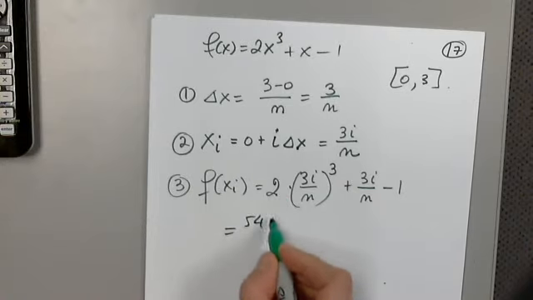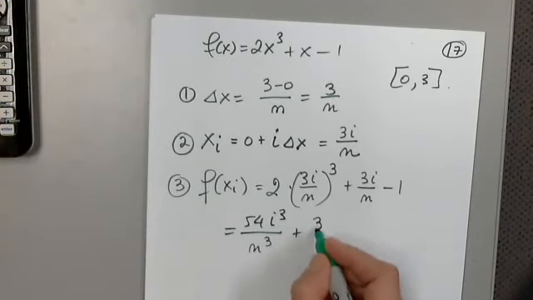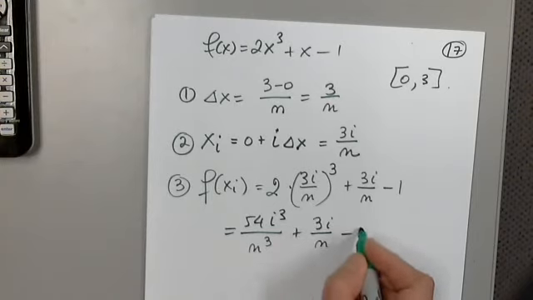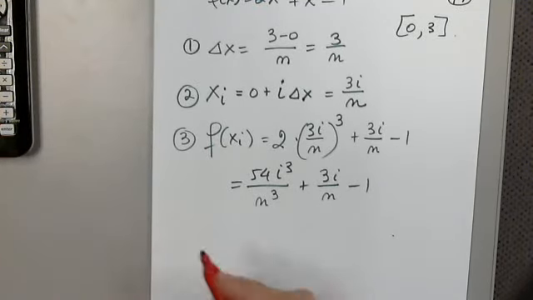So this is 54 I to the 3rd over n to the 3rd plus 3I over n minus 1. I have all the necessary preps now. I can move on to the area.